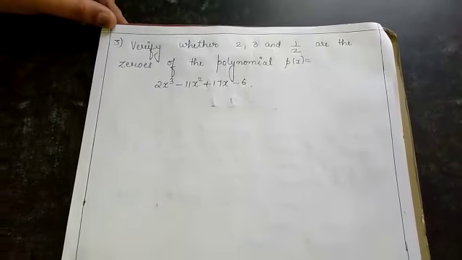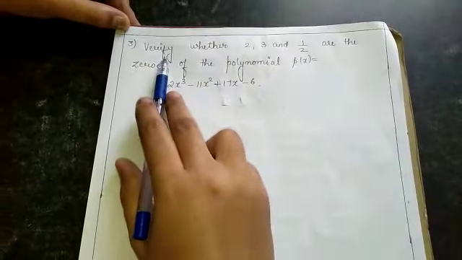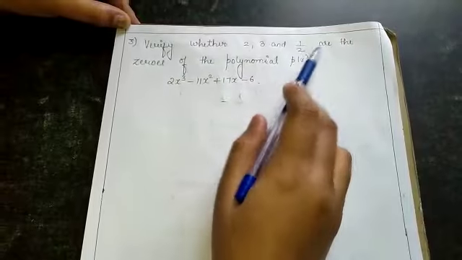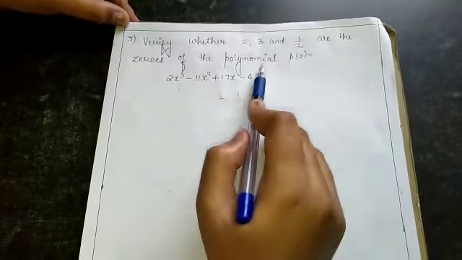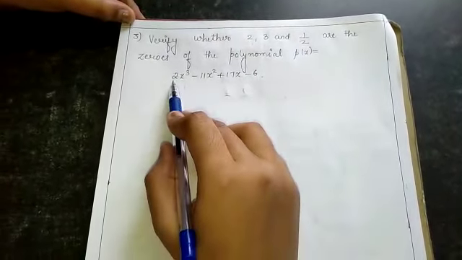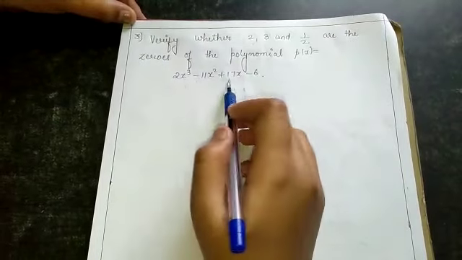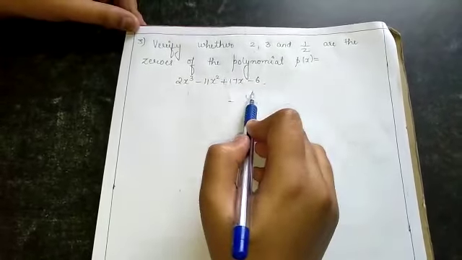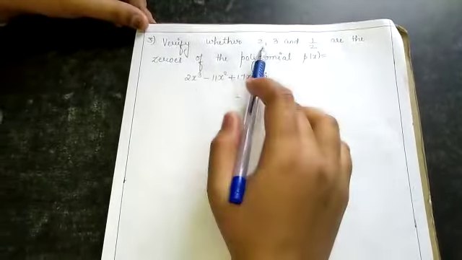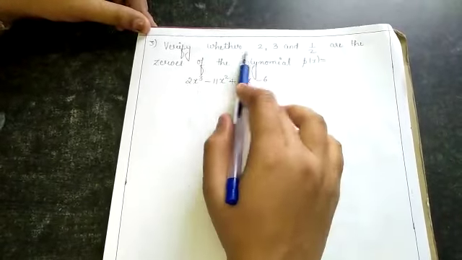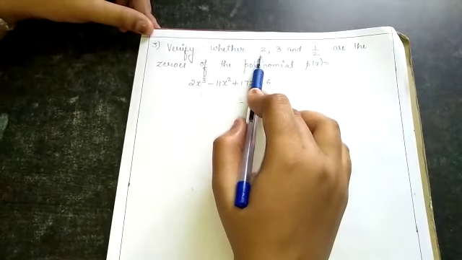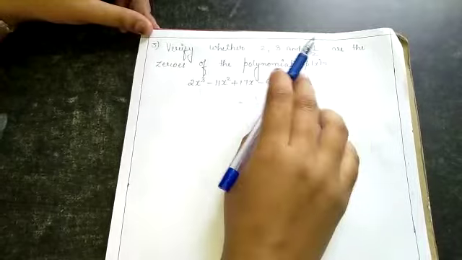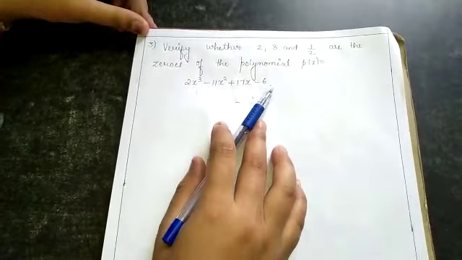The third question is: verify whether 2, 3, 1 by 2 are the zeros of the polynomial p(x) = 2x cube minus 11x square plus 17x minus 6. In this question there are 3 zeros and I'm going to verify whether these are actually the zeros of this polynomial.